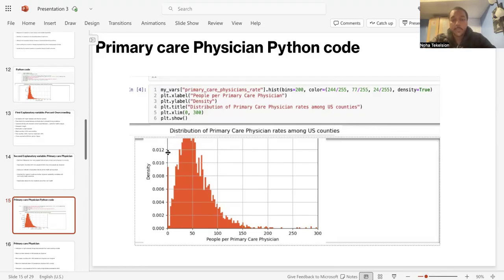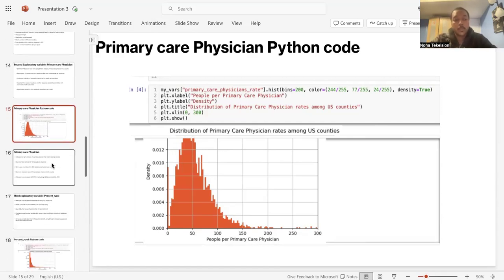In fact, most of the data is between 0 to 150 people per primary care physician, with any values above 300 being marginal, hence the upper limit on the x-axis. But as you saw originally, the data stretched to 600 because the maximum was 514. 514 people per physician. That's what it means.